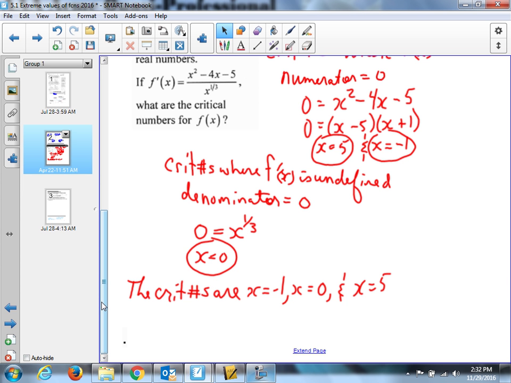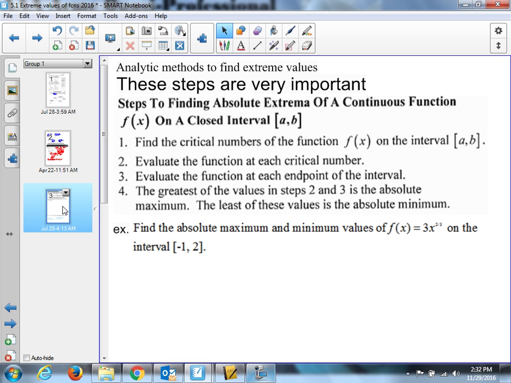Critical numbers aren't bad to find, just find the zeros. It's when you start from a function that you do everything at once. So let's just see here. Analytic, non-graphical, like algebraic methods and calculus methods, to find extreme values. Now, there's 4 steps in this, and it's very important.